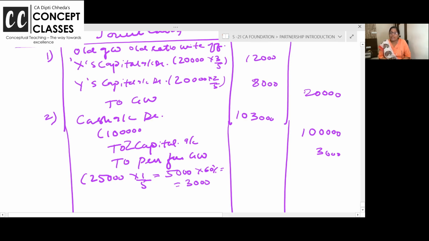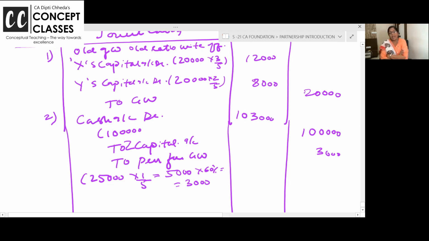Cash account debit 1,03,000 to Z 1 lakh to premium for goodwill. Actually, can you please tell me how much is premium for goodwill? How much Z should have got? Total goodwill is 25,000, 1/5 share. So Z को कितना लेके आना था? 1/5.